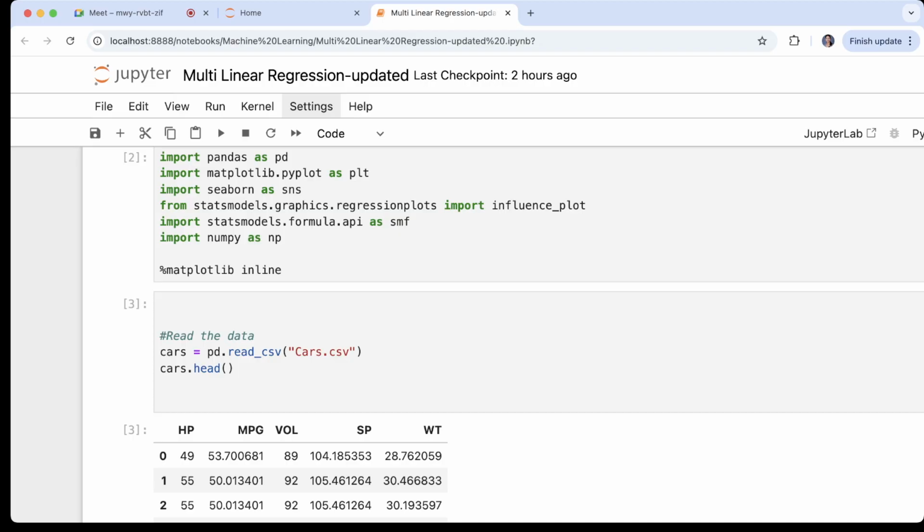I did that. Okay. Mahesh, let me know once it's done.